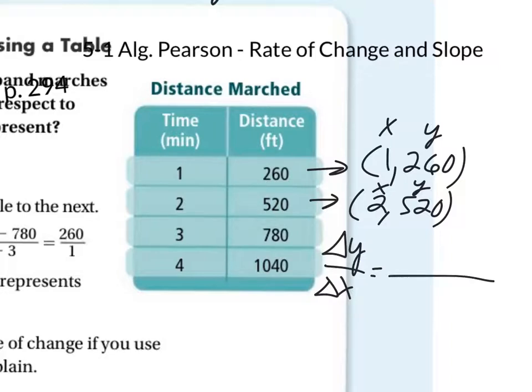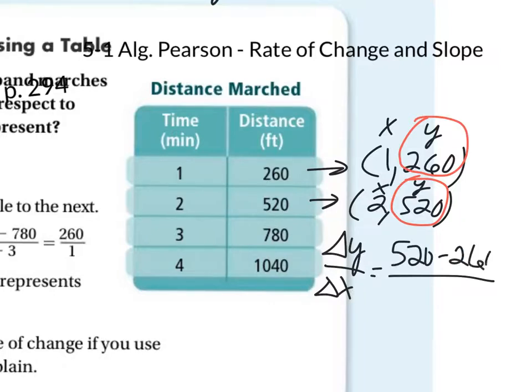But change in y, if you find the change in something, you're going to subtract the numbers. So change in y, we can either do 260 minus 520, or we can do 520 minus 260. Most people probably would prefer to do 520 minus 260. That'll give us a positive answer. Might be a little easier to work with.